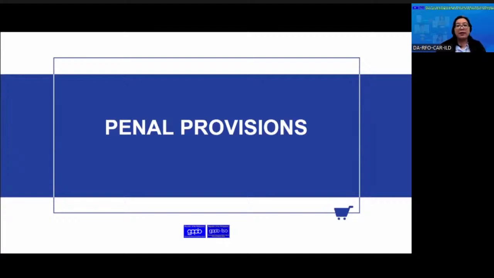And the sad thing is that, even if it's willfully done or not or nagkamali lang, there are still penal provisions that are attached to it, no?